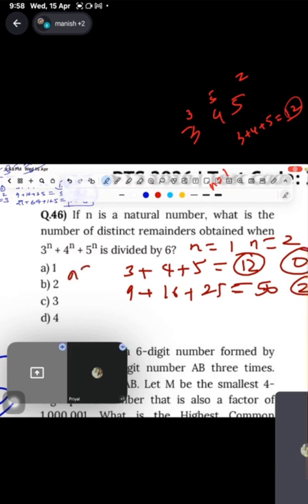Now take n equal to 3: it will become 27, 64, 125. Count the total: 27, 64, 54, 118, 218, 216.